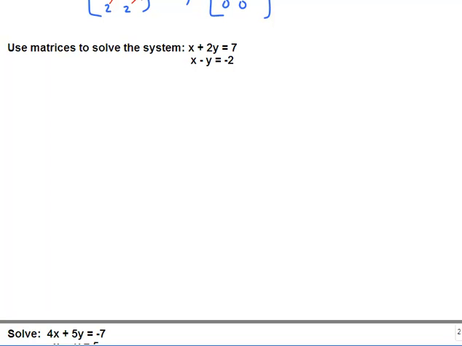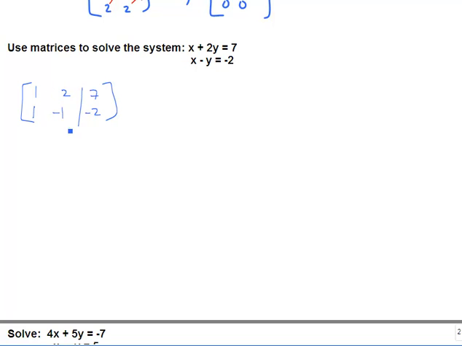So step number 1, when you're using matrices, is to take your 2 equations here and write it as a matrix. So we did this earlier. The top equation, just using the coefficients, would be 1, 2, then that vertical line, and then 7. The bottom equation becomes 1, negative 1, negative 2.